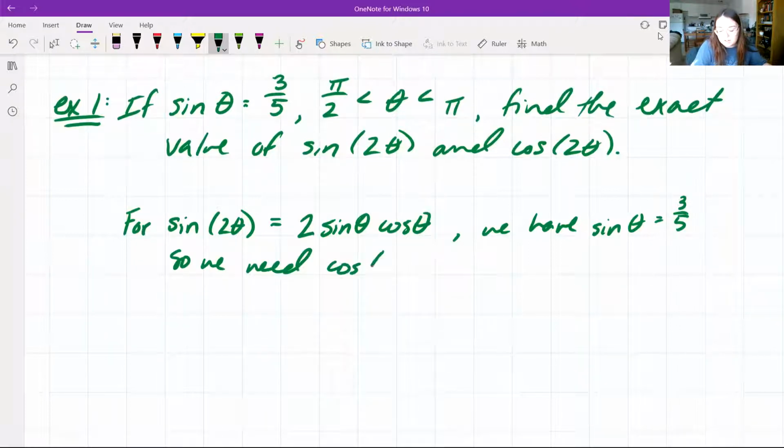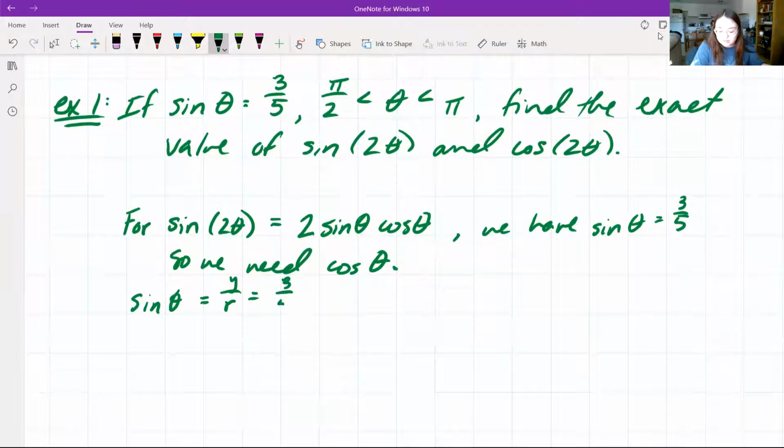So we need cosine of theta. So what we're going to do is use the fact that sine of theta is equal to y over r, where y is our y value and r is our radius.